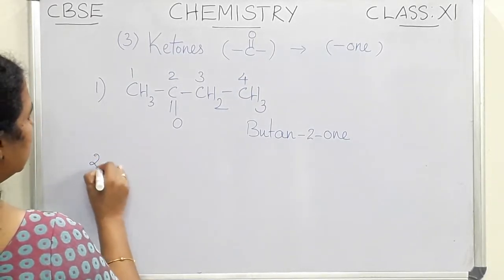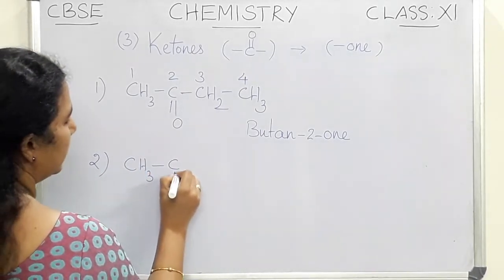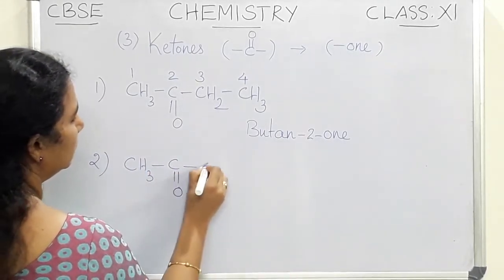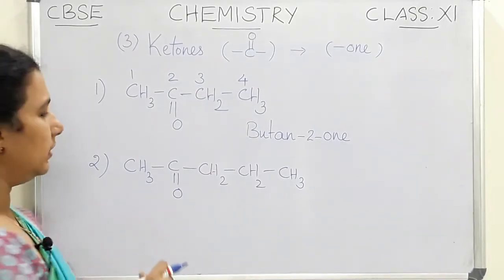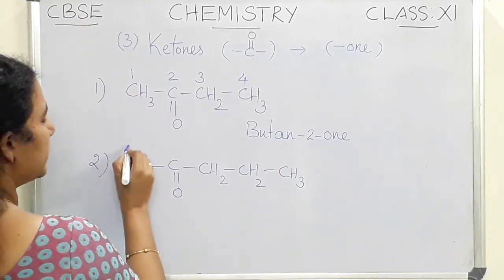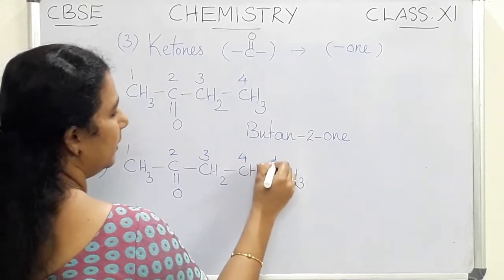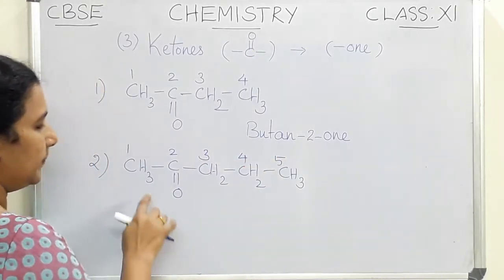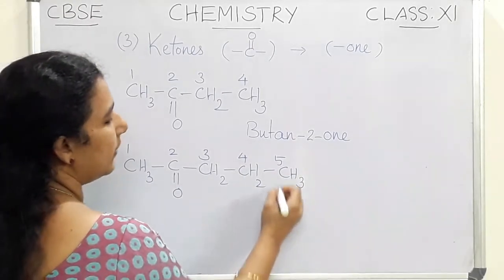So let us write another compound, CH3 CO. In this case also we have to number, and the carbonyl group should get the lowest number. So the numbering should be from left to right. Since there are 5 carbon atoms, the parent chain contains 5 carbon atoms.